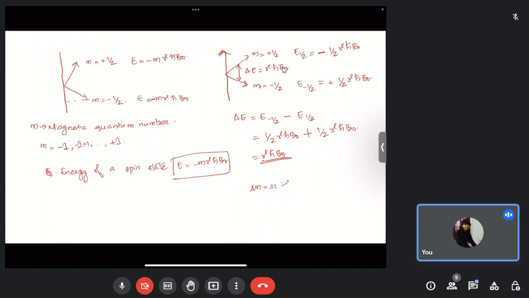So the only allowed transitions are when delta M is plus or minus 1.